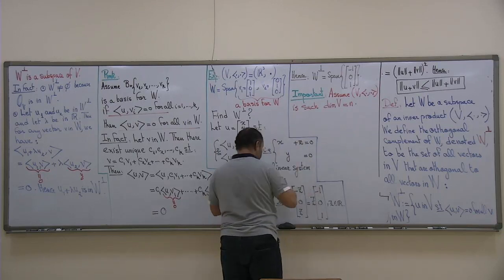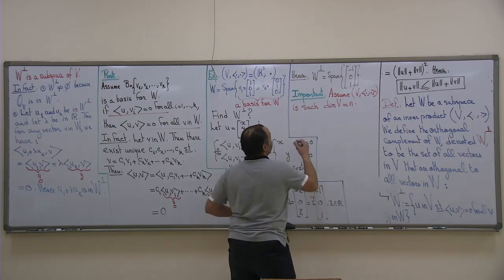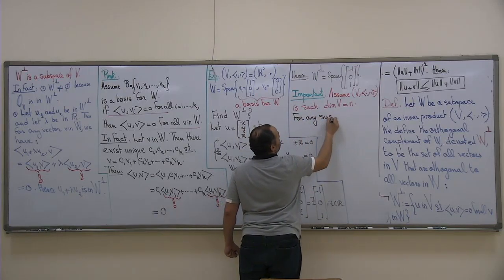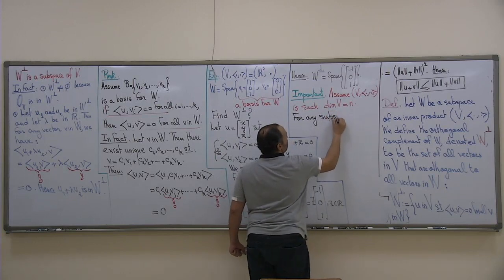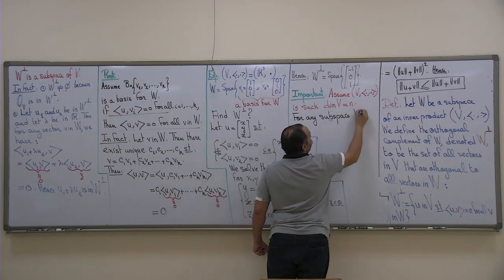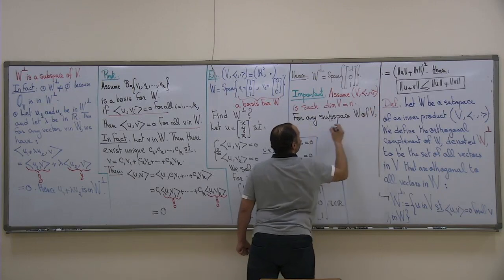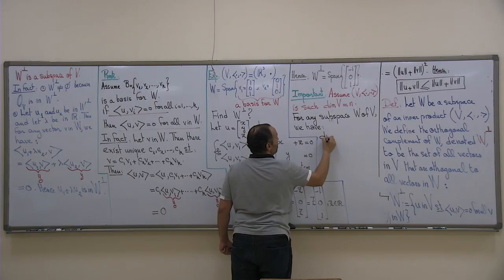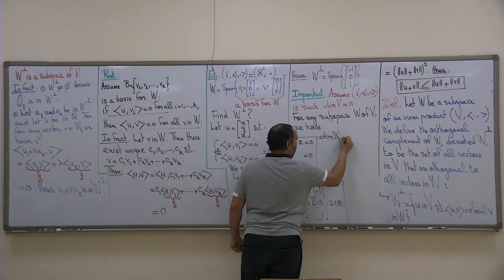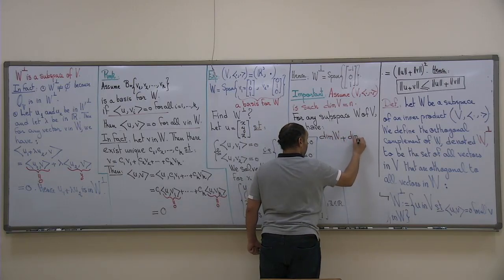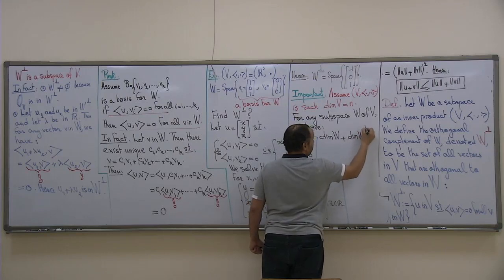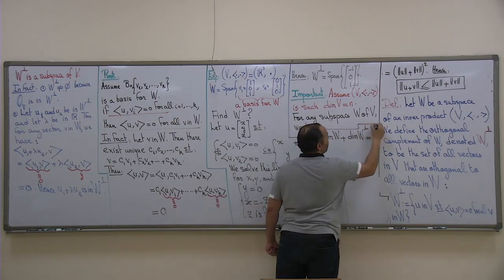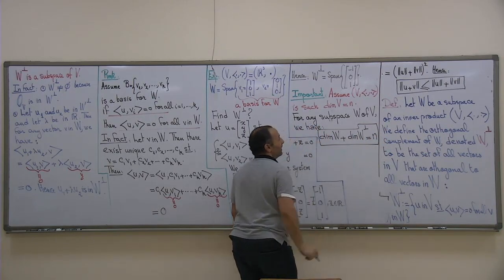For any subspace W of V, we have the dimension of W plus the dimension of the orthogonal complement is equal to the dimension of the big vector space, n. Please never forget this one. Okay, never forget this one.